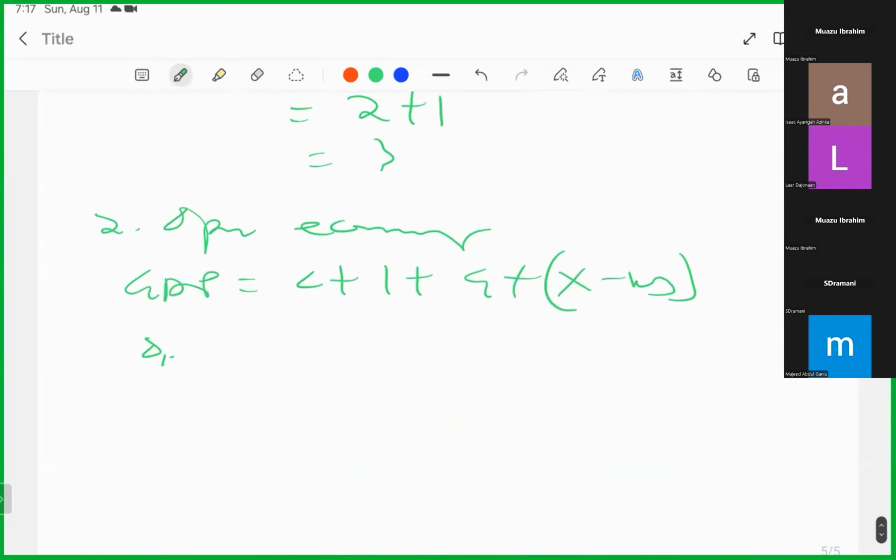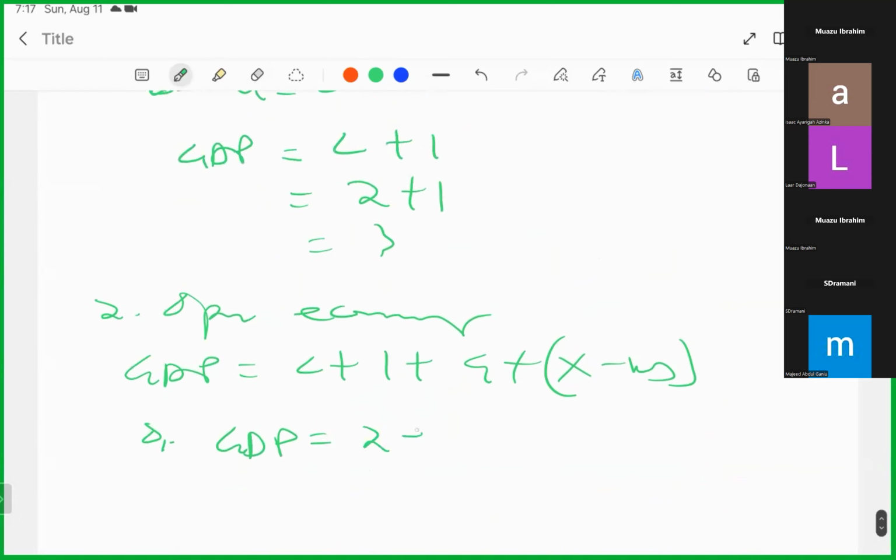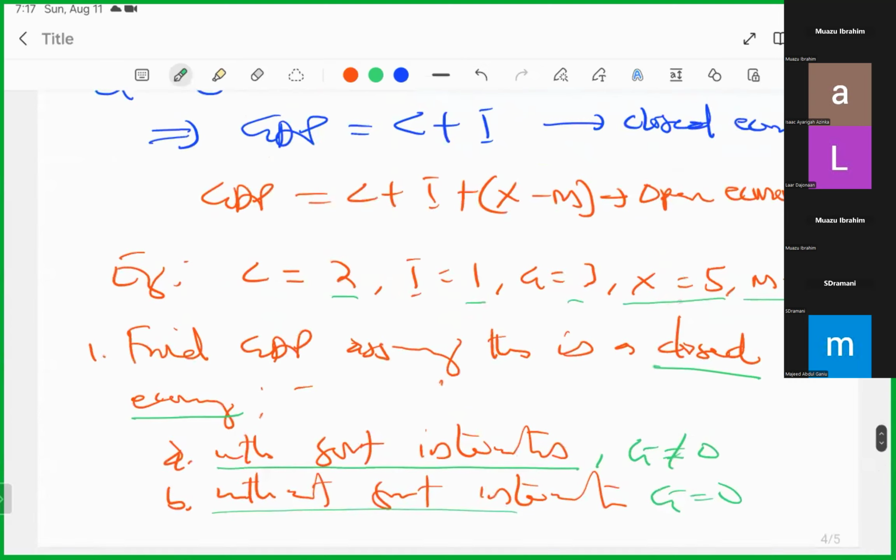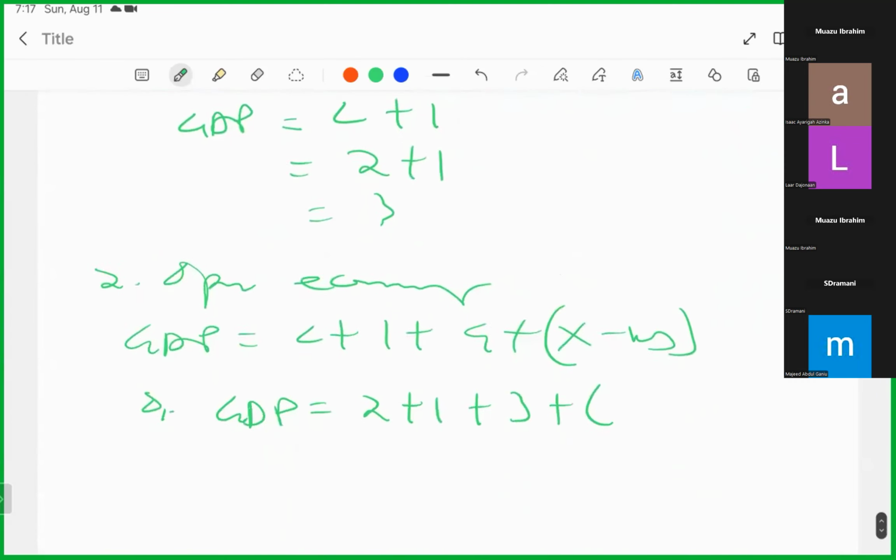So here we are now going to have our GDP to be consumption, which is 2, plus investment plus government expenditure. This is an open economy, so plus export, where export is 5 and import is 2. 5 minus 2.